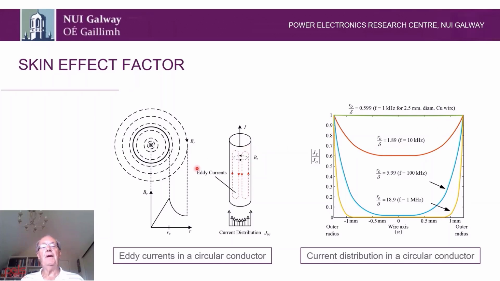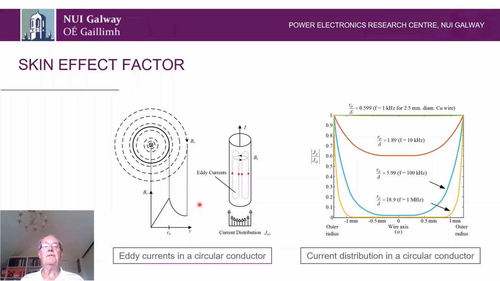Now the skin effect essentially is a loss that pertains to a single conductor. And here we can see it in graphical form. We have a solid conductor and the magnetic field increases from 0 at the center, maximum at the outer circumference, and then it tails off outside the conductor.